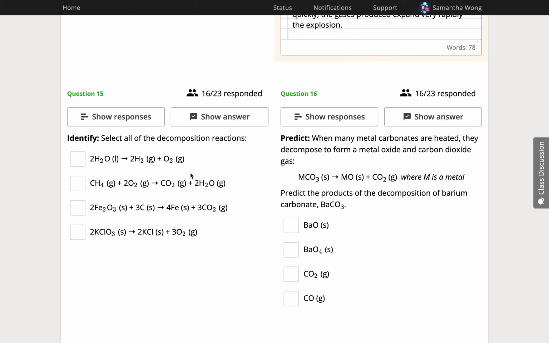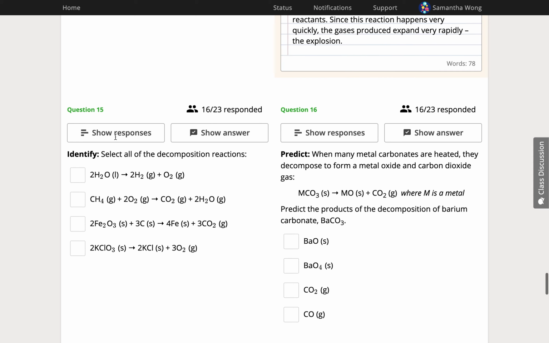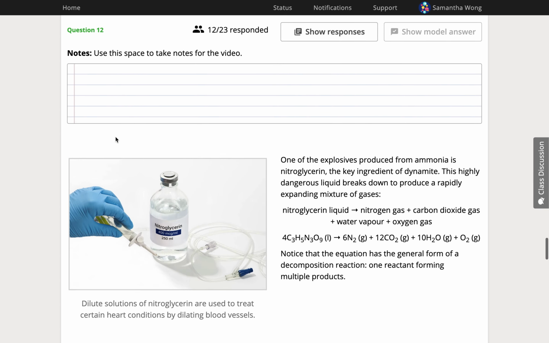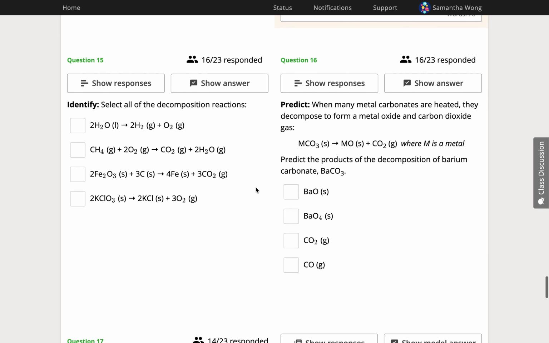Question 15. Based on the info about our nitroglycerin up here, select all of the decomposition reactions that we know of, given the formula AB breaks down to give you A plus B. So, if we look at this first one, 2 molecules of H2O liquid break down to form 2 lots of hydrogen gas plus oxygen gas.